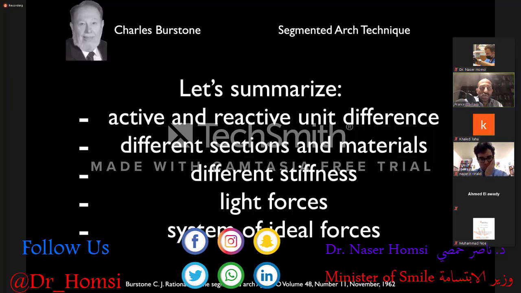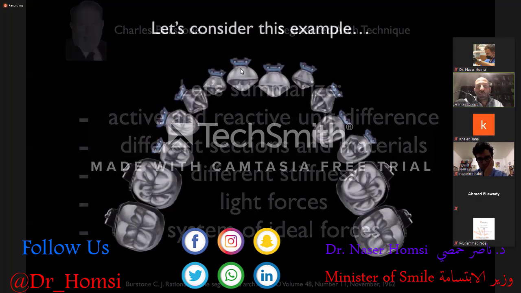It's based on the use of different sections and different materials of the wires. It is based on the different stiffnesses of the wires. A very important point of the segmentary technique is the possibility to generate very light forces and to generate a system of forces ideal for specific, different movements.